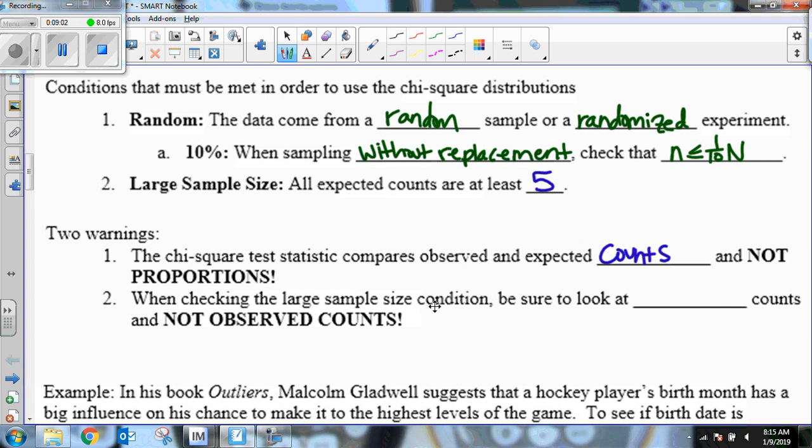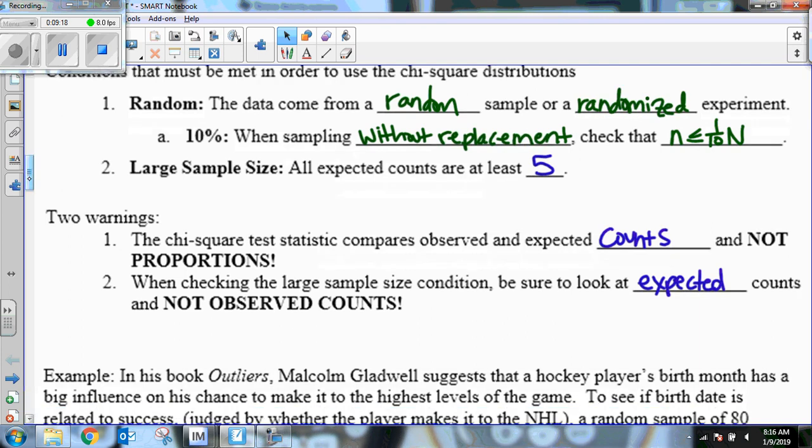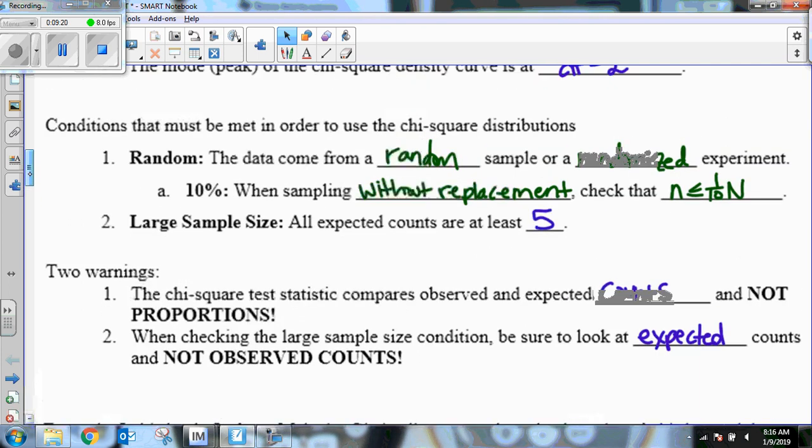When we're checking the large sample size condition, be sure to look at the expected counts and not the observed counts. So again, when we're checking this condition, we want it to be expected counts. Not what we actually got in the sample, but what we would be expecting to get.